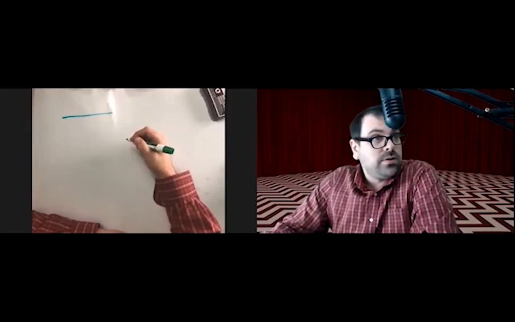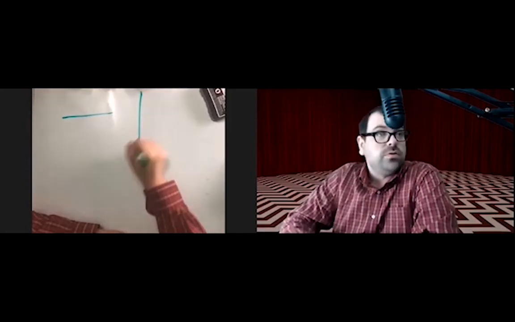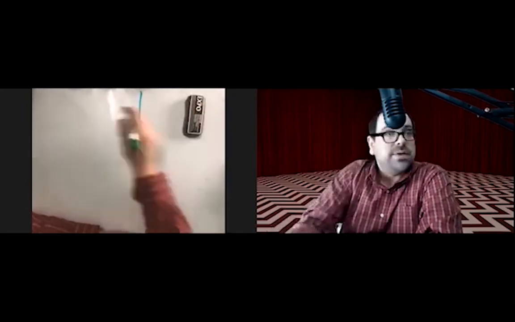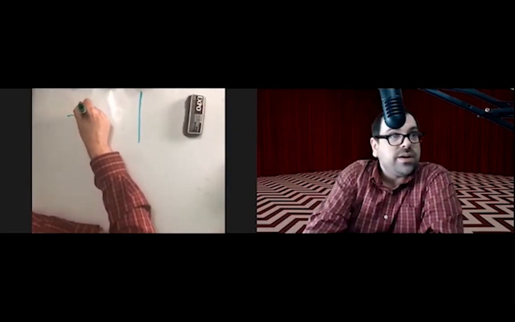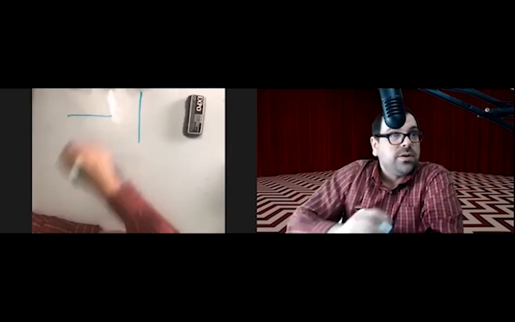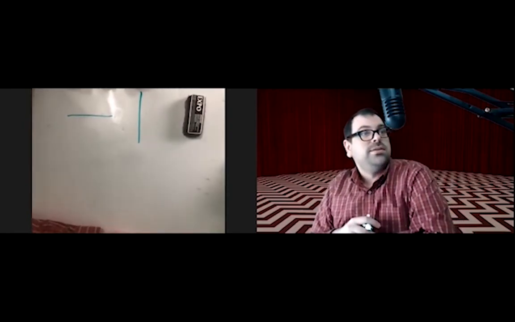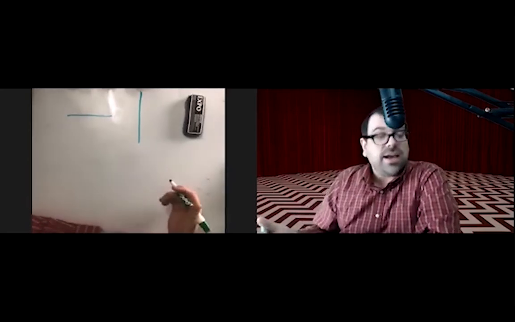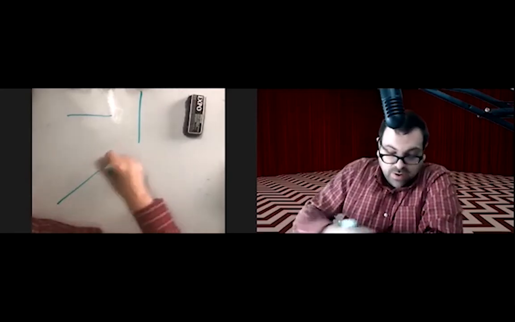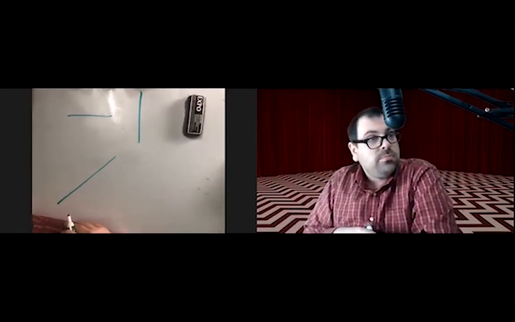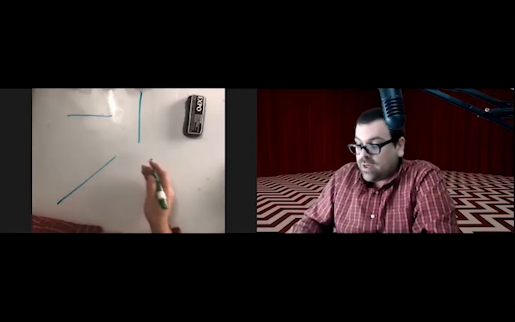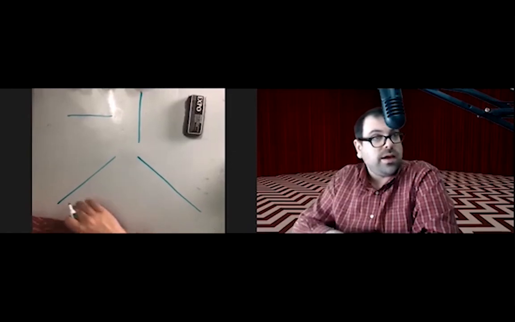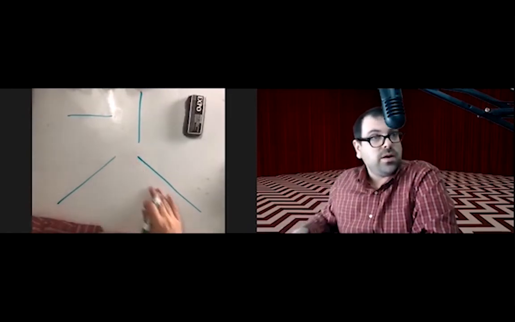Horizontal, vertical, and my camera apparently is a little bit tilted, so let me see if I can make this horizontal line flat. There we go, horizontal, flat. But we could also have diagonal lines, and diagonal lines can either go from bottom to top, from left to right, or from left to right, they can go top to bottom. They can go up, they can go down.